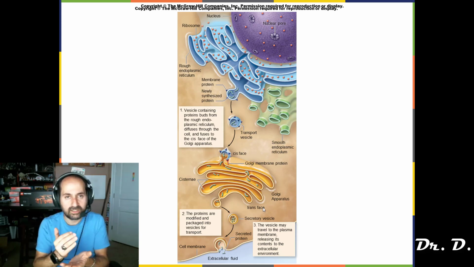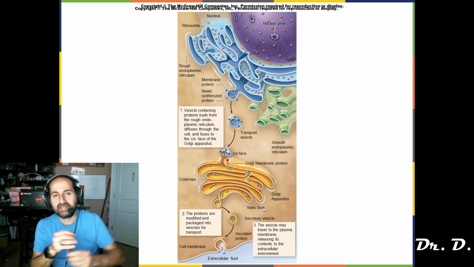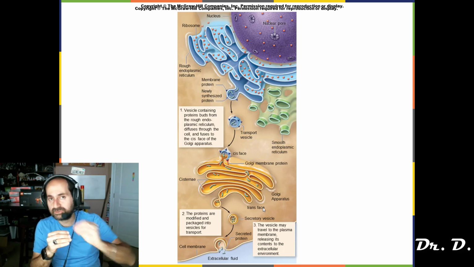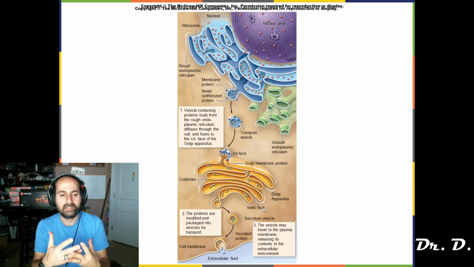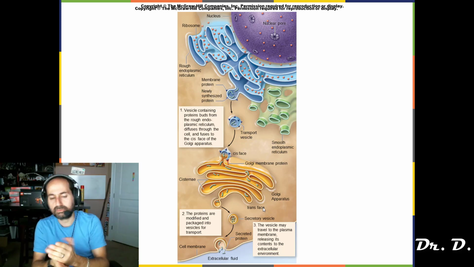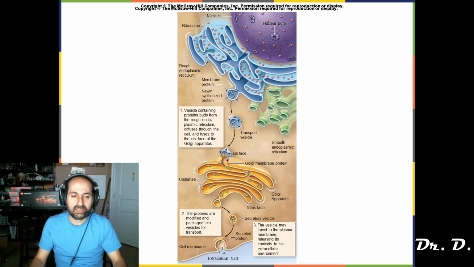Some proteins are not active until they've been cleaved. Another modification may include some kind of sugar adding on, or myristylation. You don't need to know those terms, but you might add a sugar onto the protein, or you might cleave the protein. These types of events make the protein finalized. So this is called protein processing.